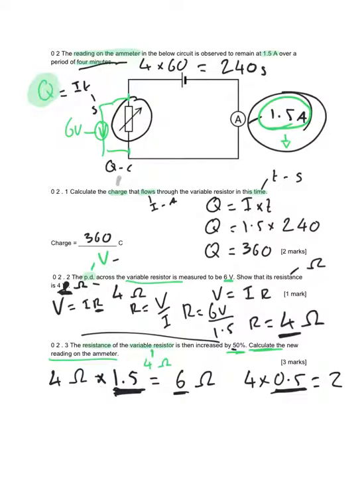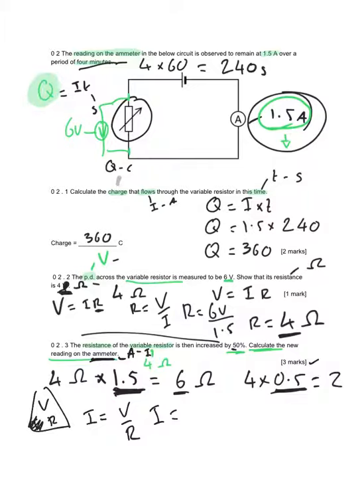That's only a little bit of it, so that might get us a mark. But what it's actually asking us to do is calculate the new reading on the meter. Well, I need to think about this. The reading on the meter tells me the amps, which is I. So I'm looking for I. In terms of my VIR formula triangle, I equals V divided by R. So I equals the potential difference, which it doesn't say has changed.